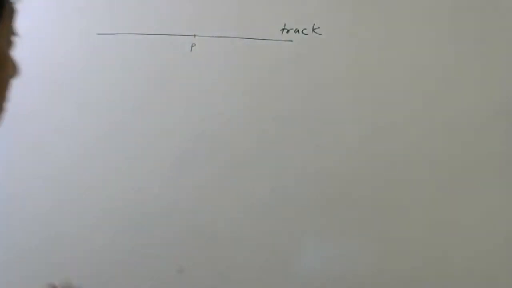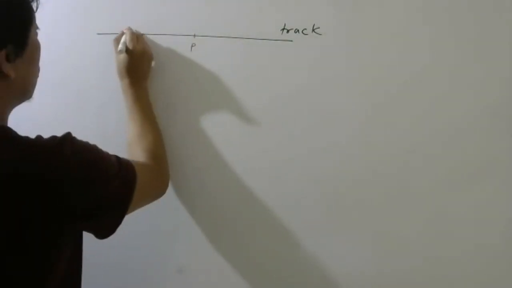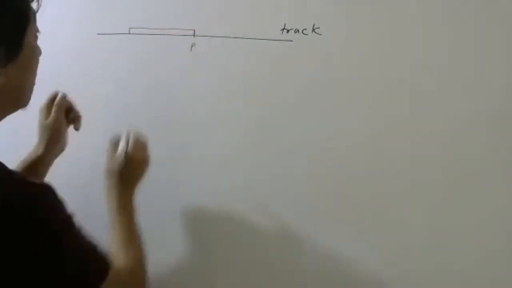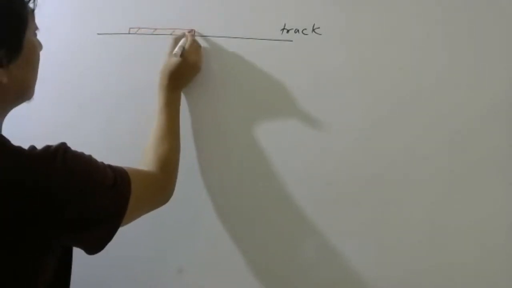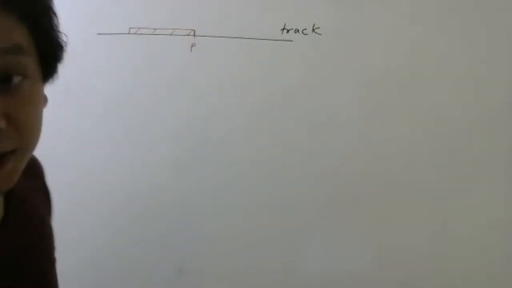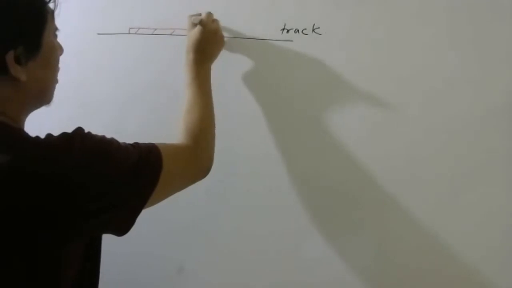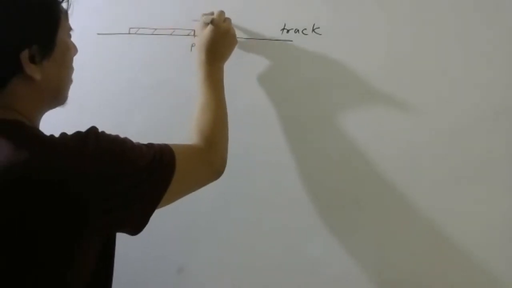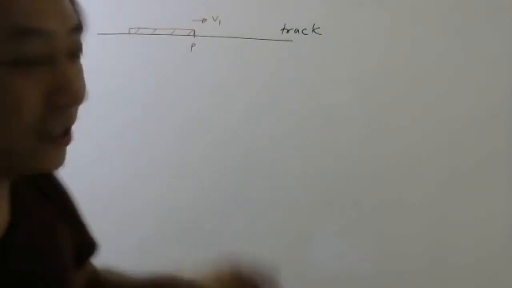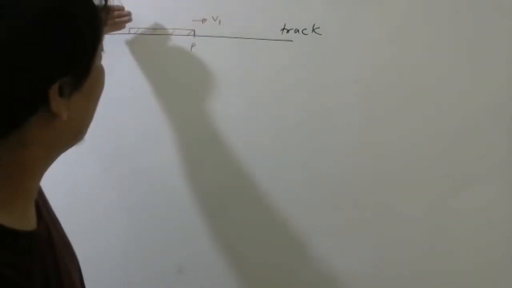Understood? Okay. So they told when the front end passes through this point, that time the velocity of the train is v1. Speed they told, which is nothing but magnitude of velocity. So magnitude is v1, direction, let us assume this side.